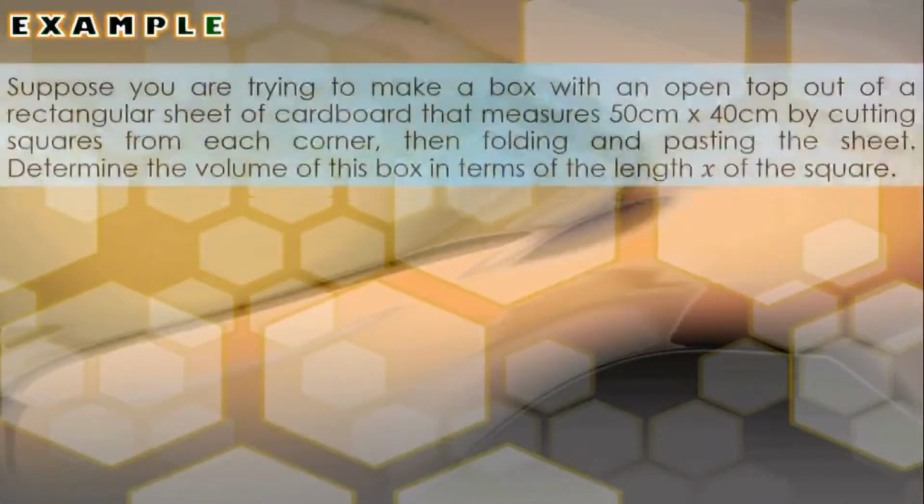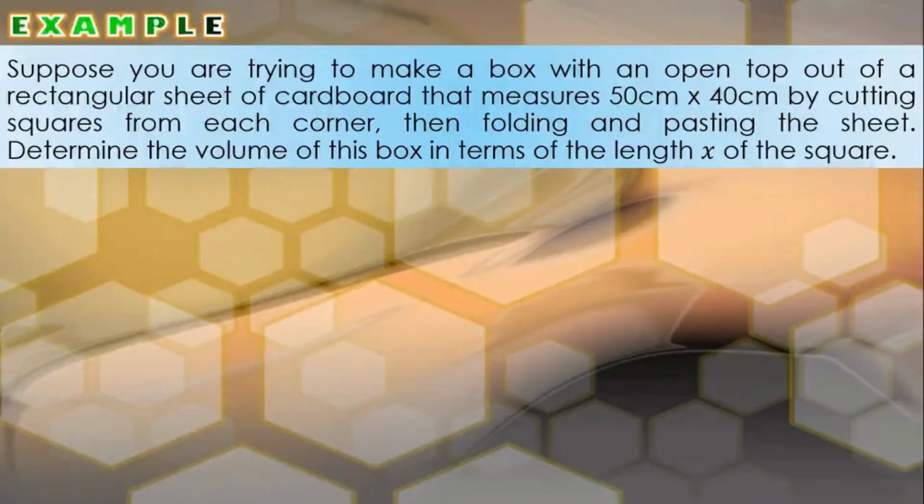For our next problem, suppose you are trying to make a box with an open top out of a rectangular sheet of cardboard that measures 50 cm by 40 cm by cutting squares from each corner, then folding and pasting the sheet.